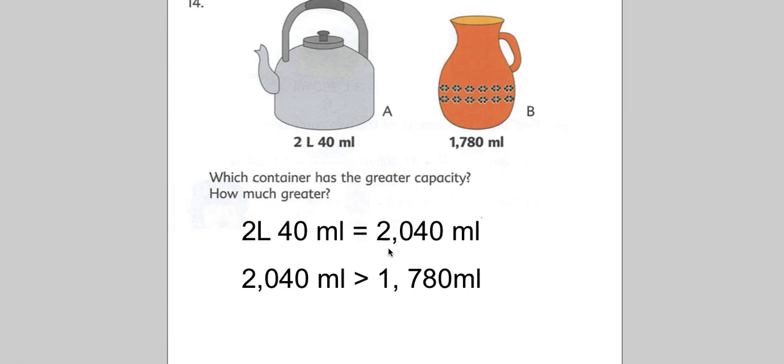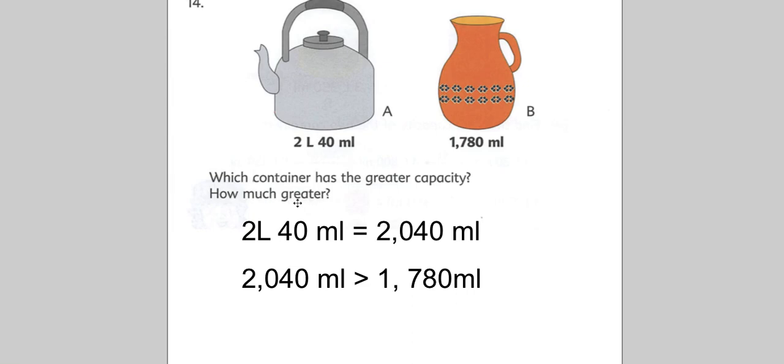Okay, so what you realize is that this is the same as 2,040 milliliters. So when we look at the capacity, we can say A is greater than B because A is 2,040 milliliters, which is greater than 1,780 milliliters. Now there's a second part to this question. It's asking how much greater.